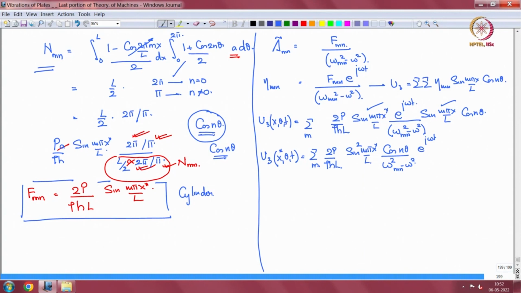So now, what is alpha 11? We divide this by p cos n theta.